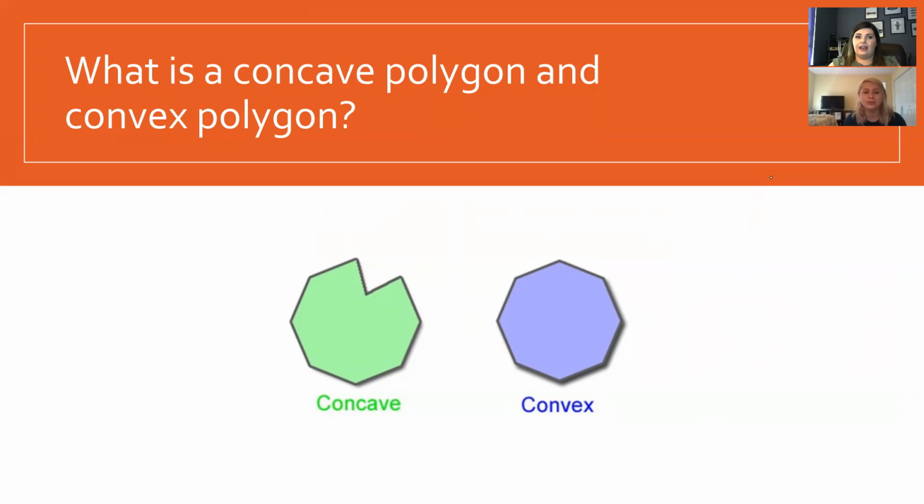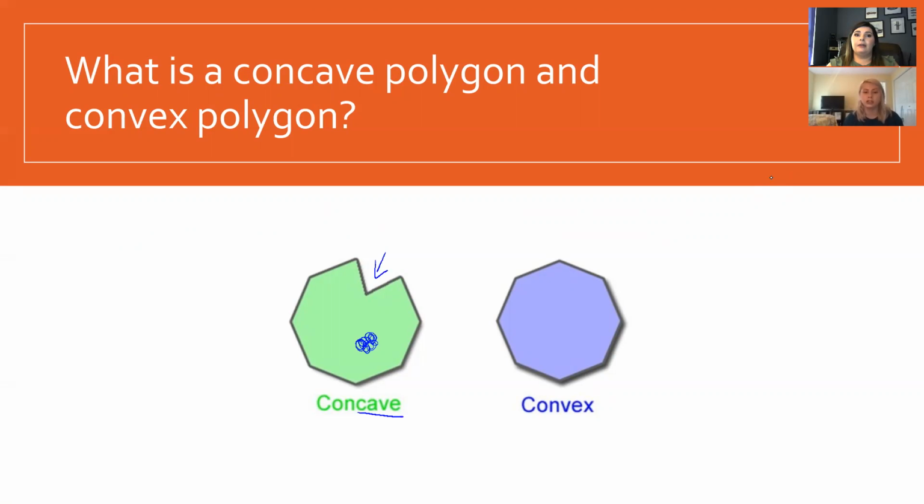In his cave, we see the concave. So our little bear can go in right here. He goes into the cave and he sleeps in here with his warm little berries and everything. He sleeps through the winter. So that is going to be a concave polygon, a concave shape.